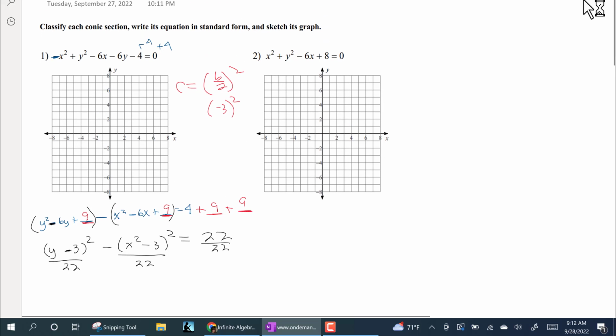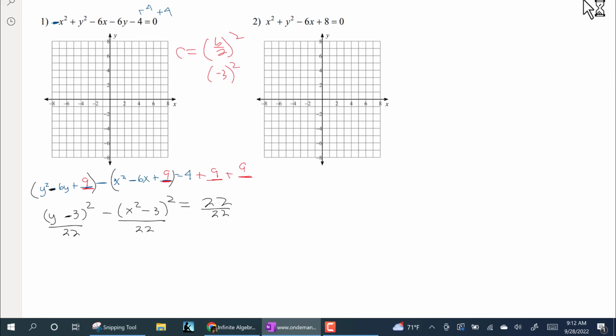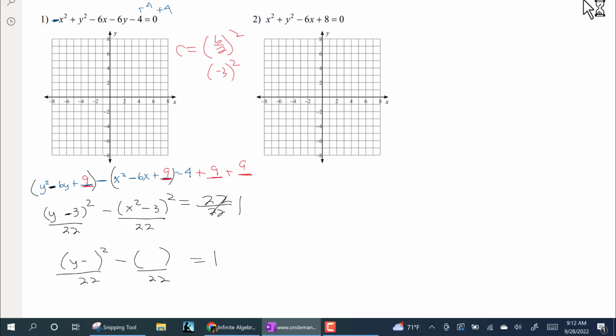And then does it want you to graph? Oh, and then sketch the graph. All right. So let me condense this down one more time. Okay, so what this means is, now you have to graph it.